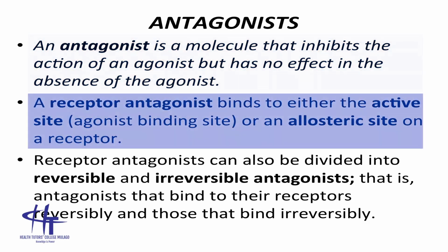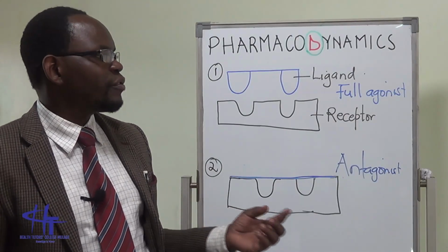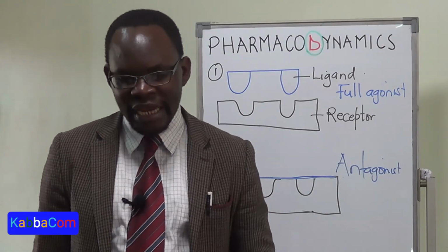A receptor antagonist can bind either to the active site, here, or to what we refer to as an allosteric site.